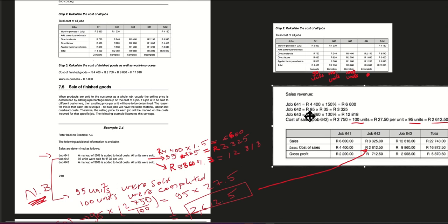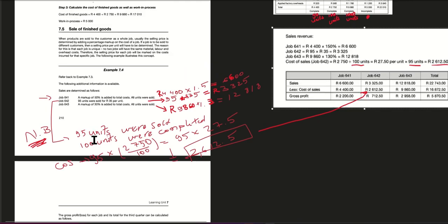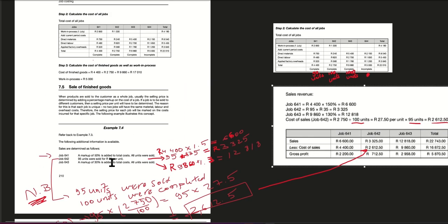So for the same example, we want to deal with the sales. When products are sold to customers as a whole job, usually the selling price is determined by adding a percentage markup on the cost of the job. That's why we were talking about the markup.